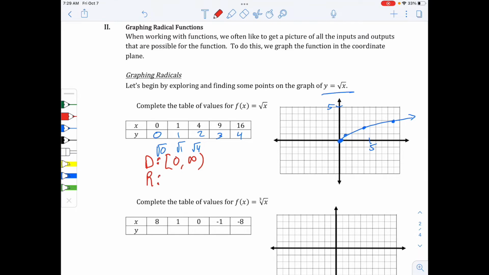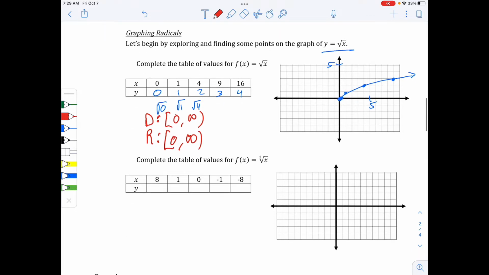The range, the y values, there's no y values down here, but there are y values starting at 0. So our first y value is at 0, and then there's y values all the way up, and it goes up to infinity. It might look like it flattens out, but it doesn't. So the y values are from 0 to infinity.